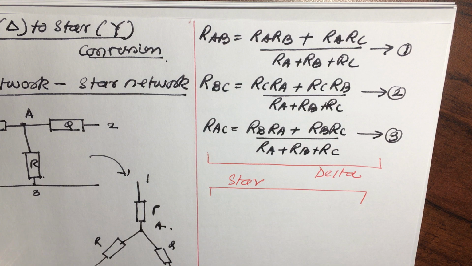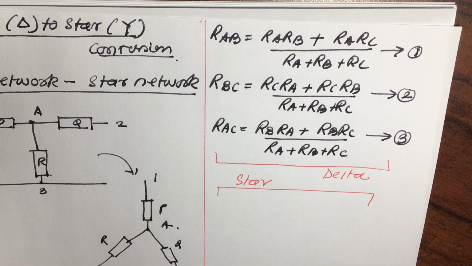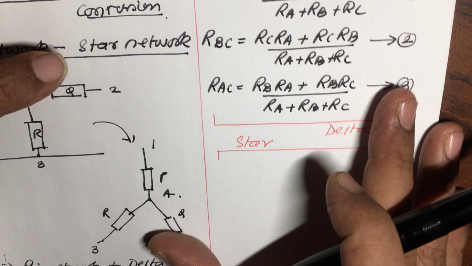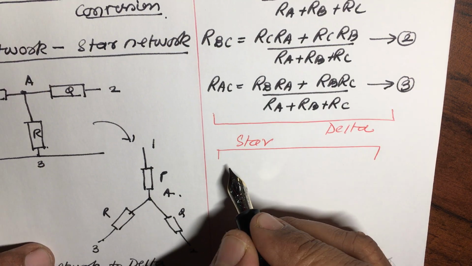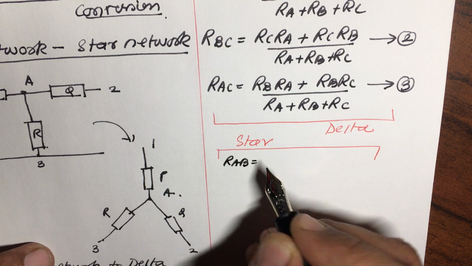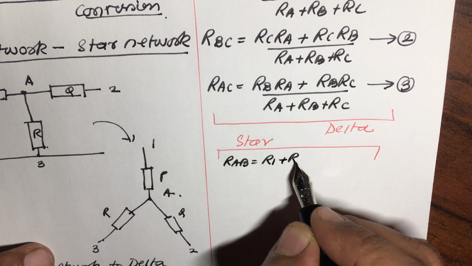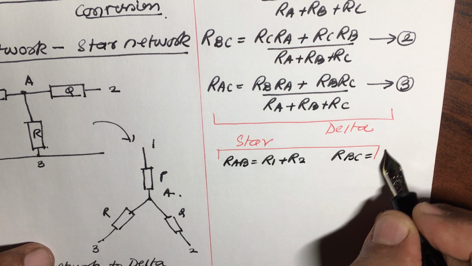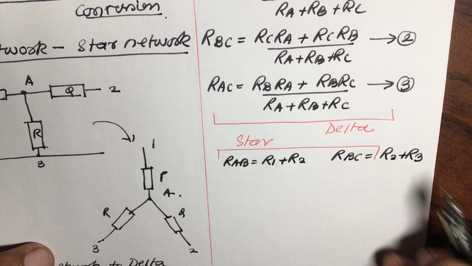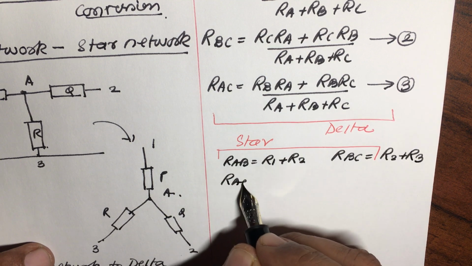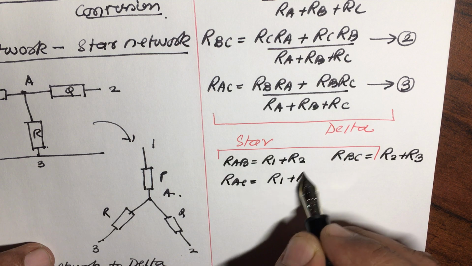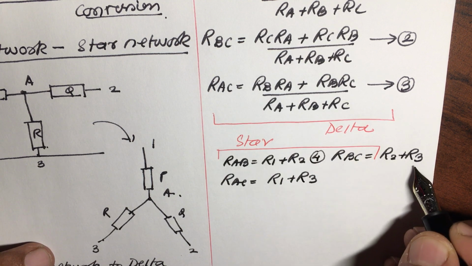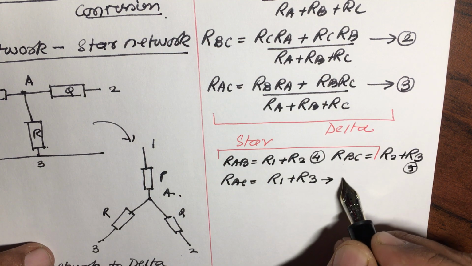So for the star network, we can write RAB as R1 plus R2, RBC as R2 plus R3, and RAC as R1 plus R3. Okay, this is equation 4, this is 5, and this is 6.